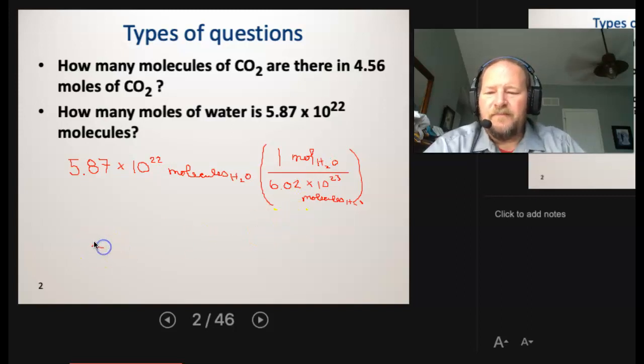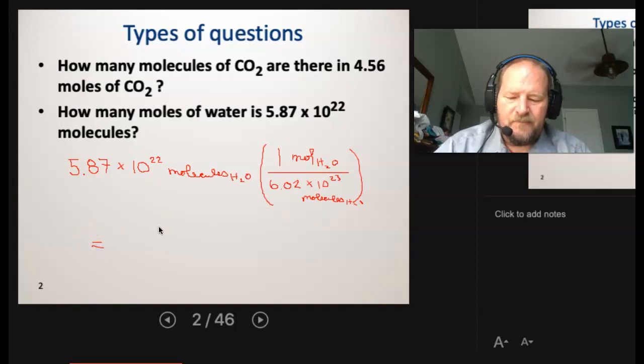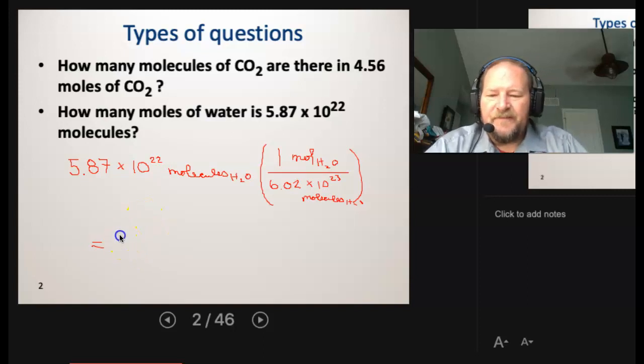All right. And so now I'm going to divide and conquer that. What I mean by that is I'm going to take 5.87 and divide that by 6.02. That's going to give me 0.9750 times 10.